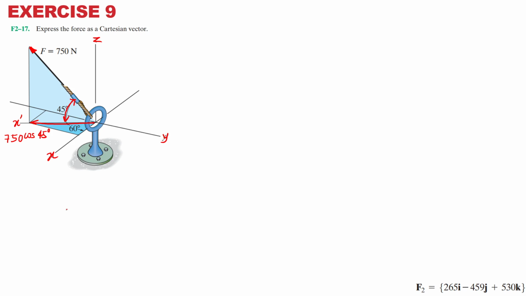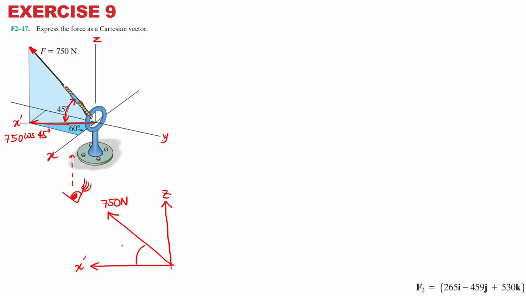If you cannot really see this one, maybe you want to look at it from this perspective. Let's say you're looking from here. You are going to see this axis in 2D. This one is X prime. This one is Z. This one is your force, 750 Newton.